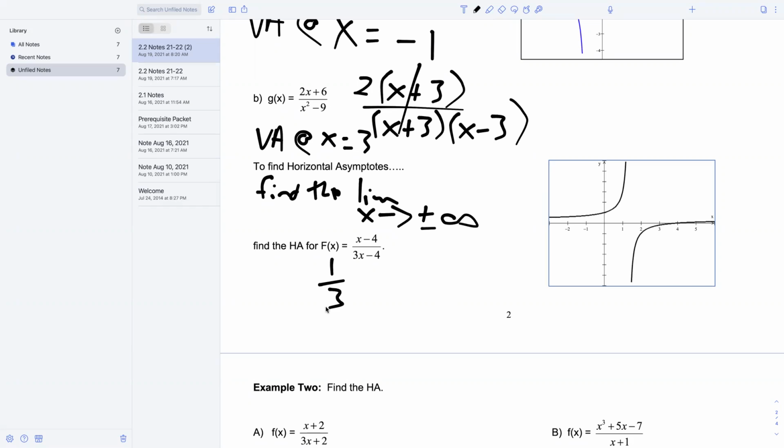You were telling me there is a horizontal asymptote at the point 1/3. No. Horizontal asymptote is a line, right? So what do I need? Not x equals, but y equals 1/3.